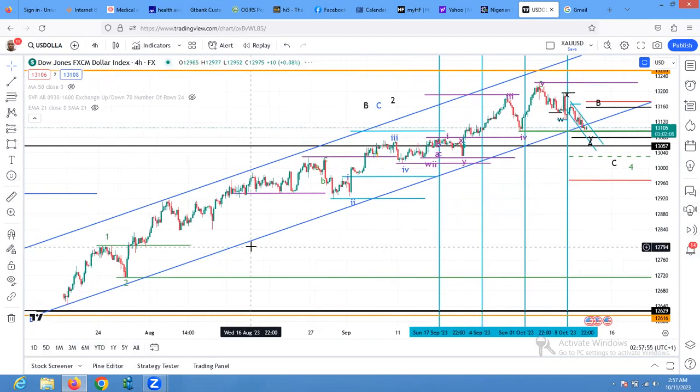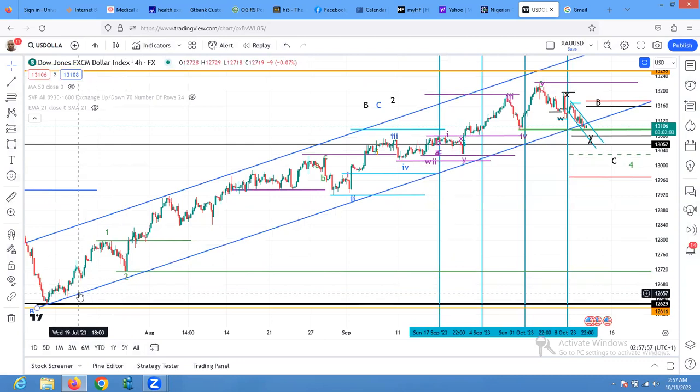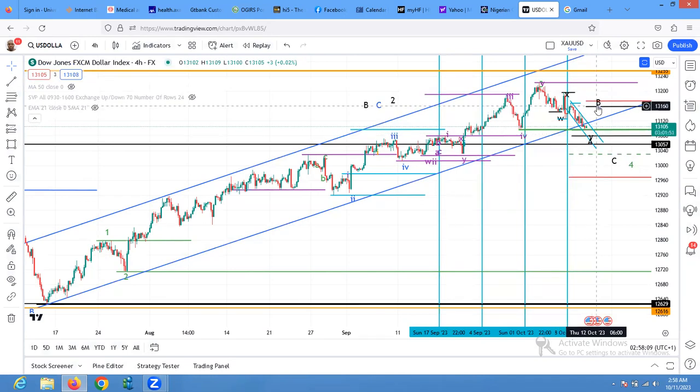For the first time, aligning from the origin to the end of what we presume to be 3 now, we are having a break here. But this break is temporary: come here, go down to retest, and bounce back to get to 4. Now, this is the 38.2, and this is 50 for this 4.